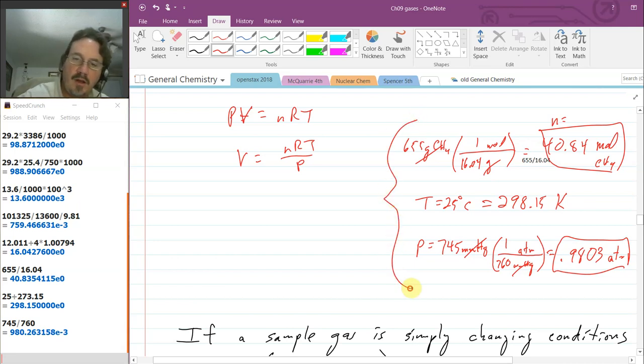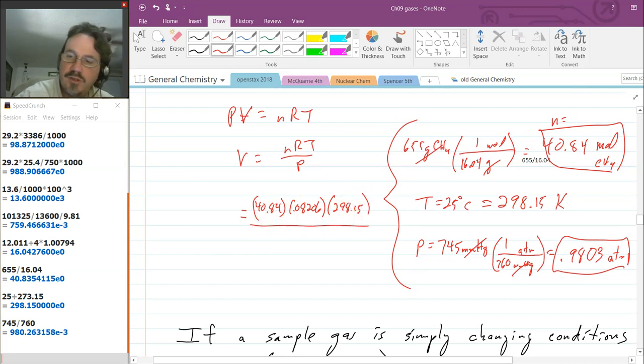All right, so I've got it all here. I can put it all in. n was 40.84 moles, right? R, I'm using 0.08206. That's liter atmospheres per mole per Kelvin. Temperature, 298.15. And the pressure, 0.9803 atmospheres. Put it all in.